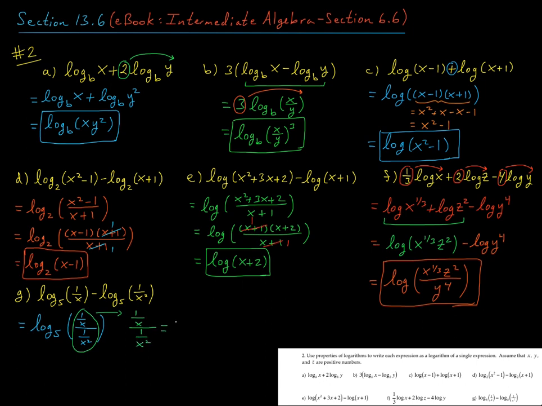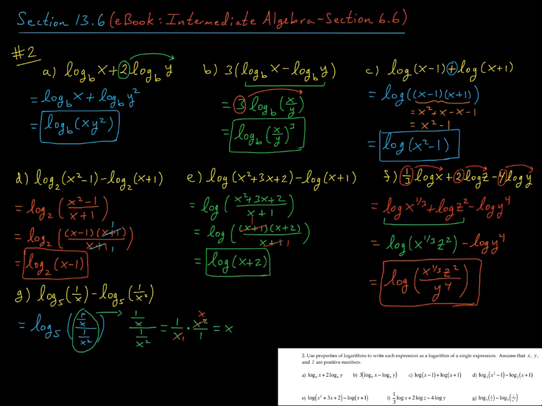Well, that's the same thing as saying 1 over x times the reciprocal of this denominator here, 1 over x squared. So that'd be x squared over 1 for the reciprocal. So now when I multiply, notice I have a factor of x common here. So that divides out, and that leaves me with an x. So this is equal to just x.